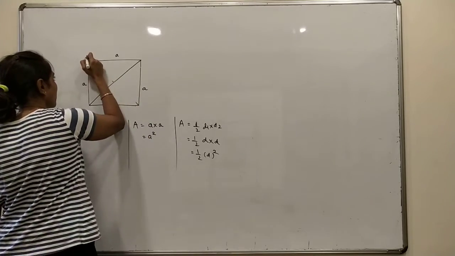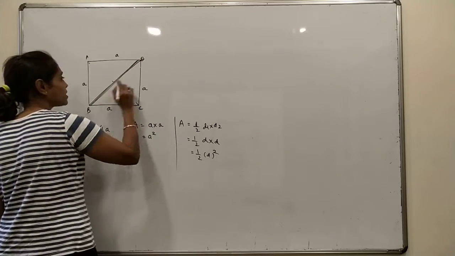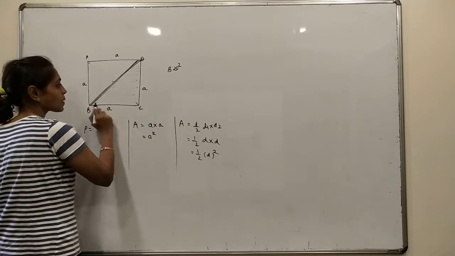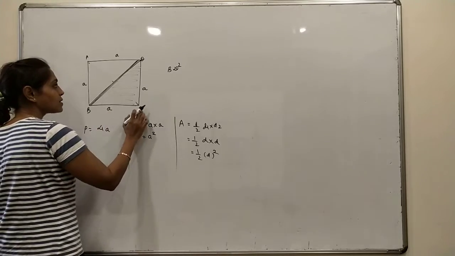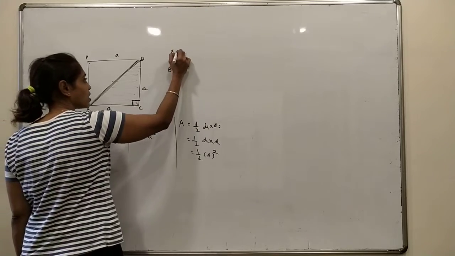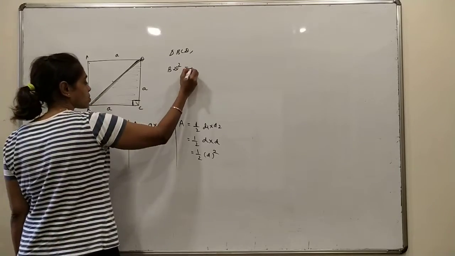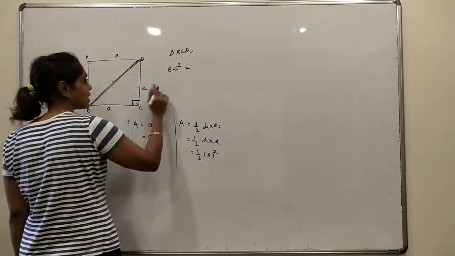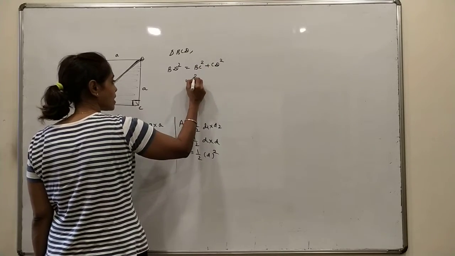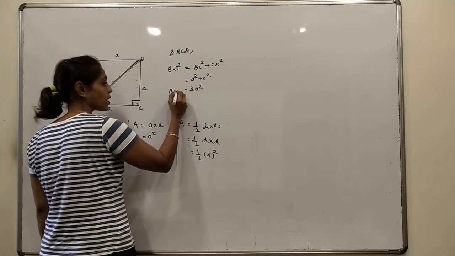How much is the diagonal? A, B, C and D. If I find BD square in triangle BCD, BD square is equal to BC square plus CD square, that is a square plus a square, that is 2a square, that is BD square.